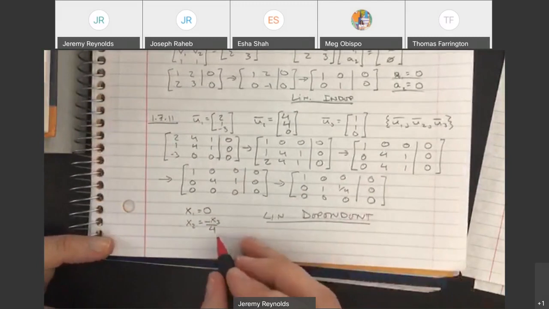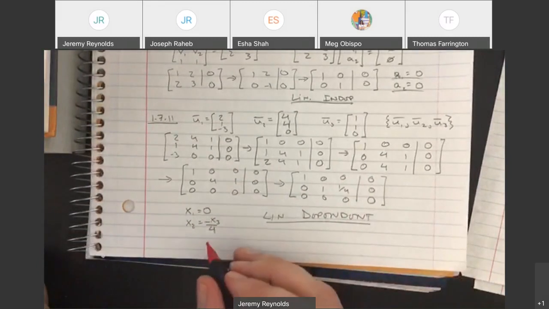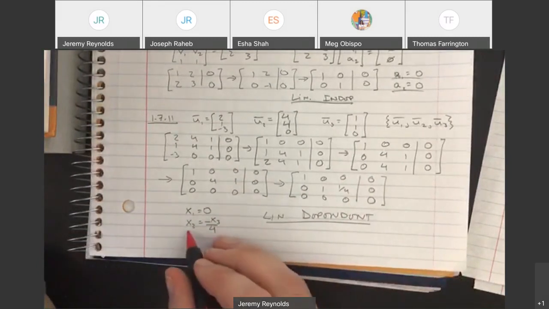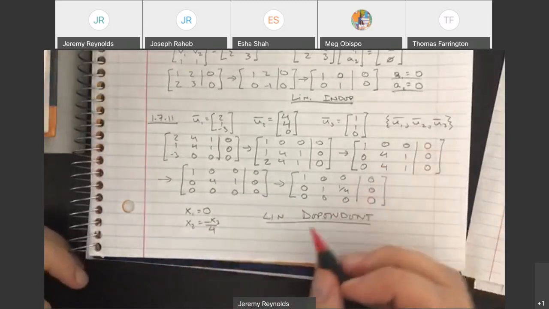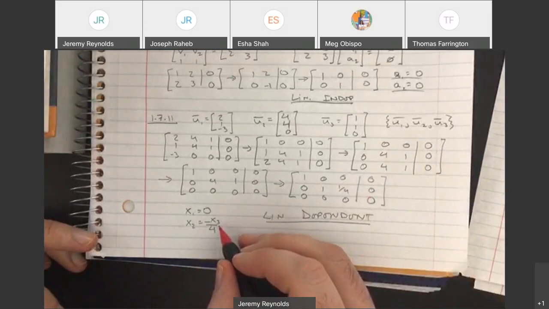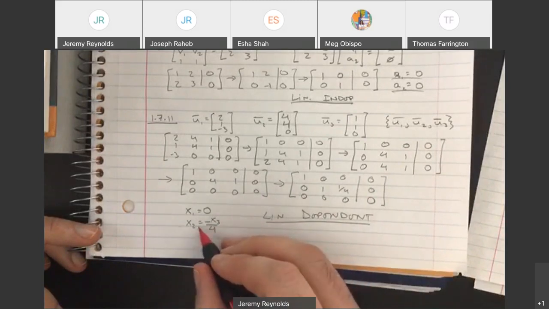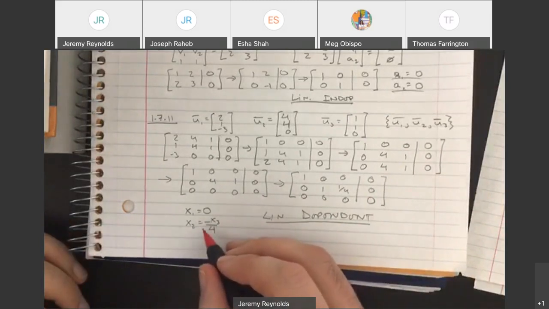Because there are going to be an infinite number of solutions to this problem. Anything we plug in for x3, we just choose the corresponding value for x2. And there we go. So if we were to choose -4 for x3, then x2 would equal 1. And what does this basically mean?